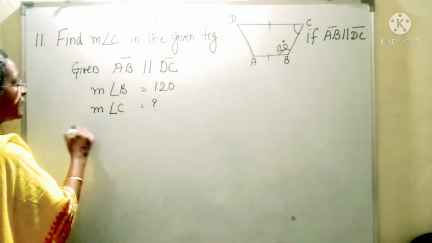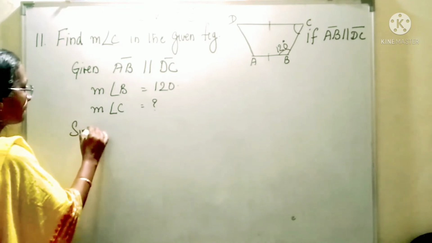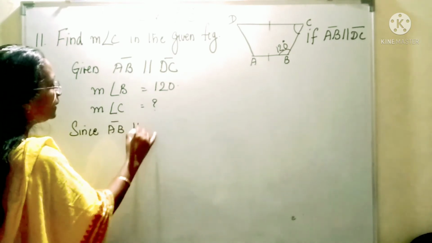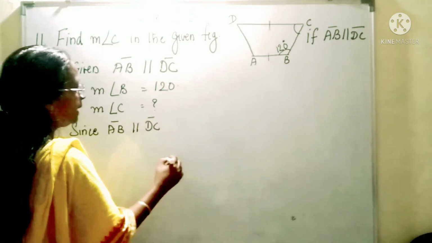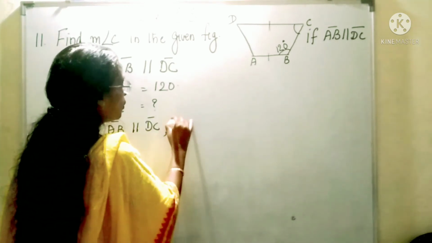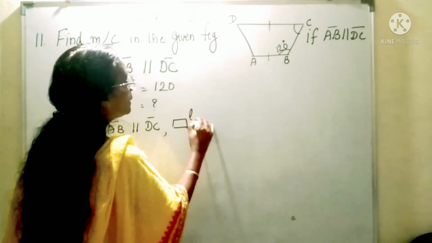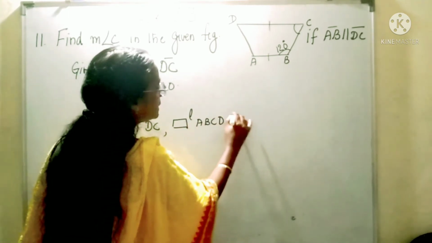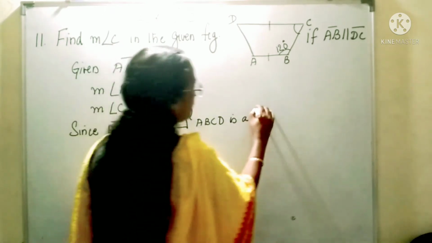So what you will write: since AB is parallel to DC, quadrilateral ABCD is a trapezium.